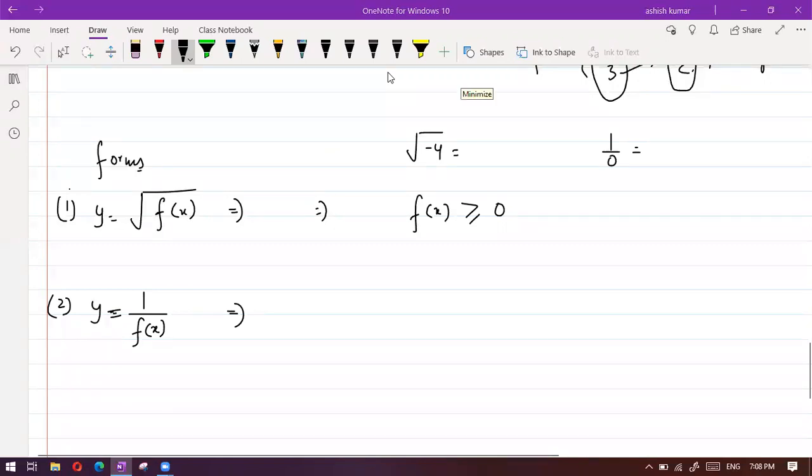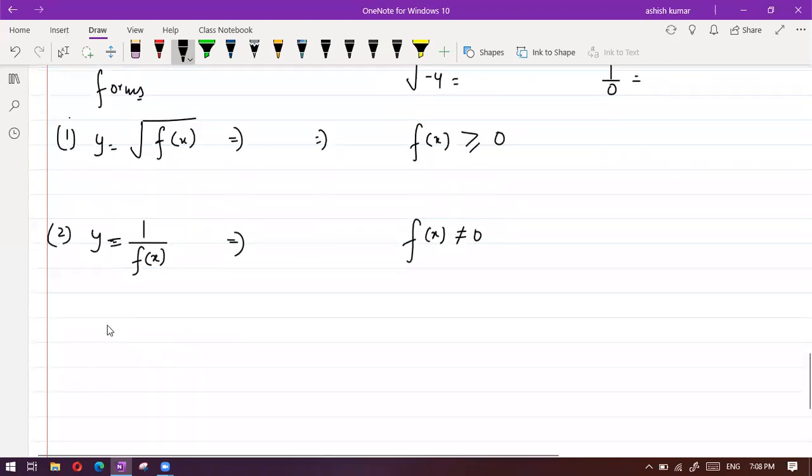Not defined. But we want a defined thing, we want a real value. So can we put a condition here that f(x) should not be equal to 0? For y to be real, we can say that f(x) must not be equal to 0.